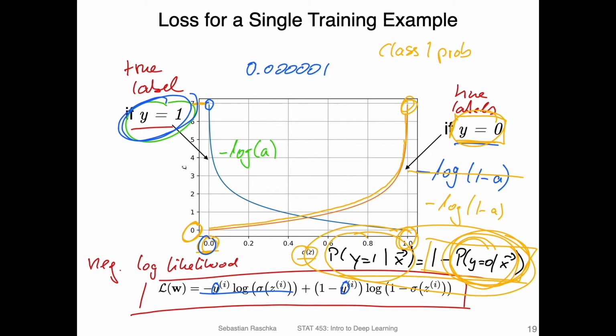So we will have minus log of a very small number, and this loss approaches infinity if we have a low probability. If we have a high probability, the loss will be very low.